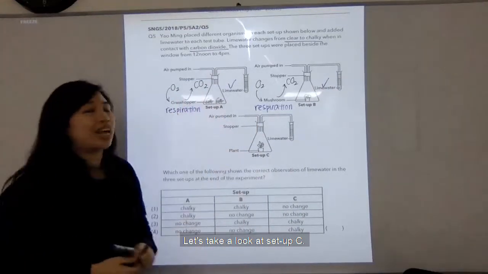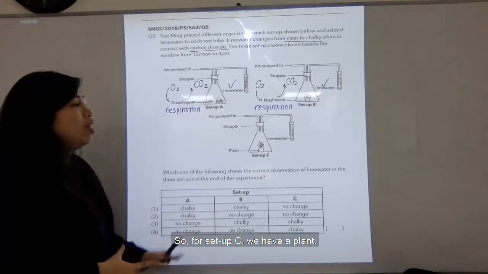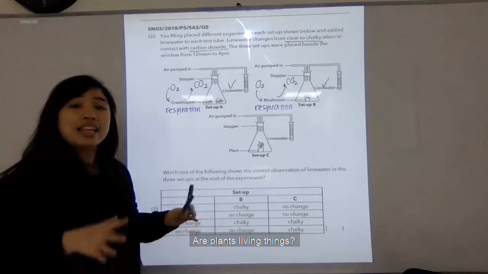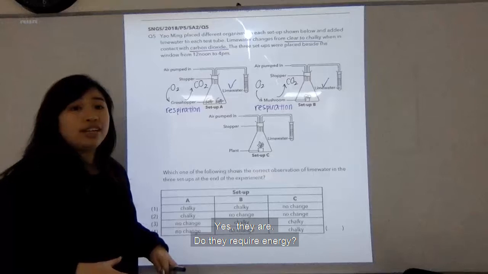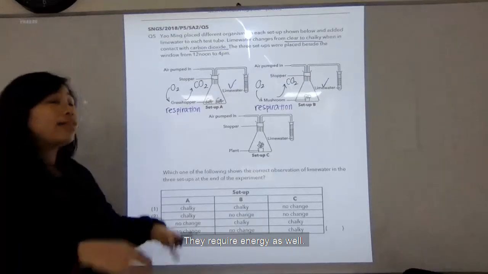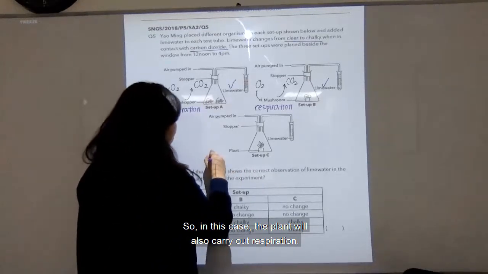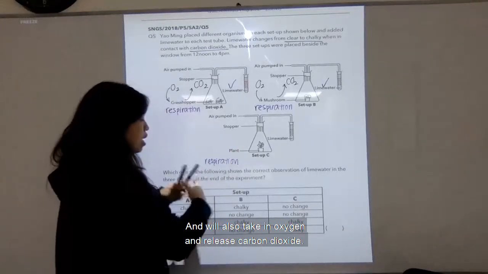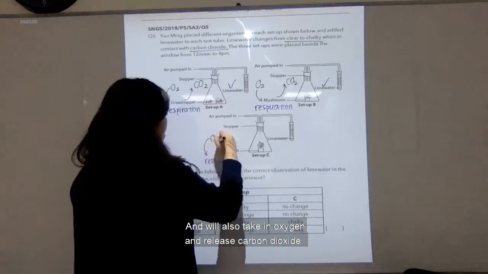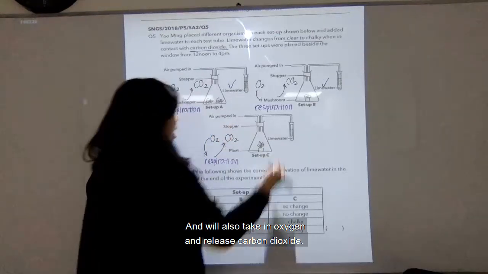Let's take a look at setup C. So for setup C, we have a plant. Are plants living things? Yes, they are. Do they require energy? They require energy as well. So in this case, the plant will also carry out respiration and will also take in oxygen and release carbon dioxide.